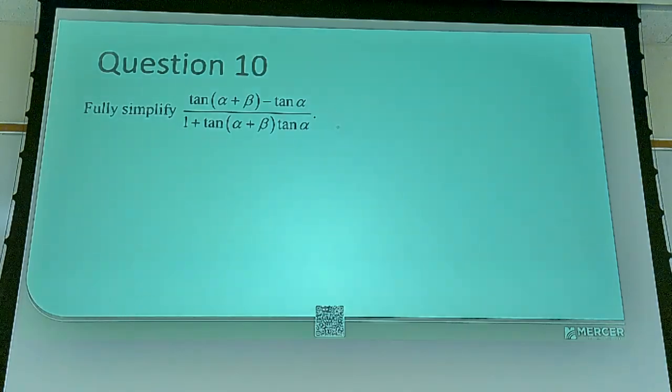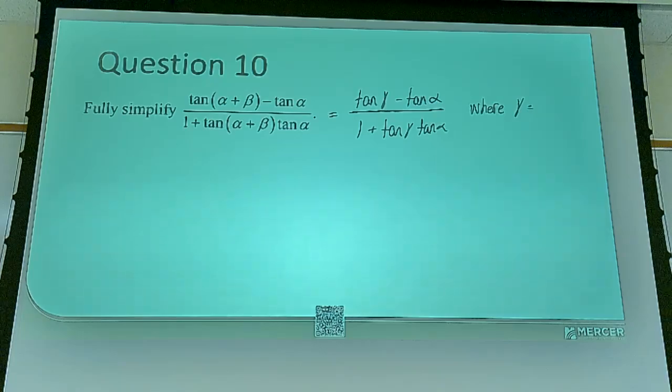I can change a variable to make it even easier. Replace alpha plus beta with gamma.